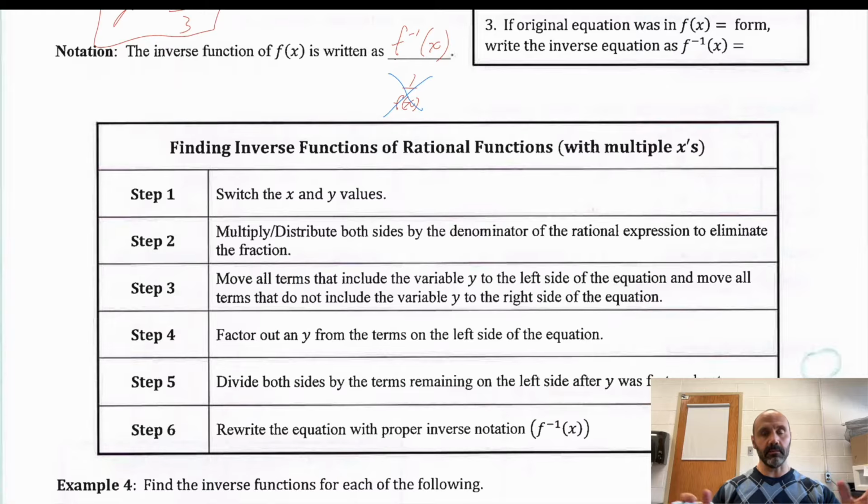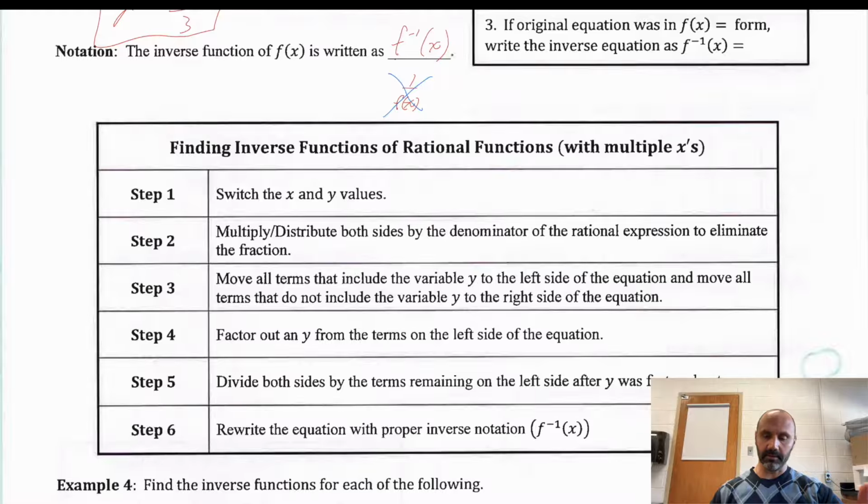So again, when you've got an equation where you know what the input-output machine is, you can just switch, putting y in for the x's and x in for the f of x or for the y, and then you're just solving. Sometimes it might get messy, especially with something like a fractional polynomial. But that's the process.